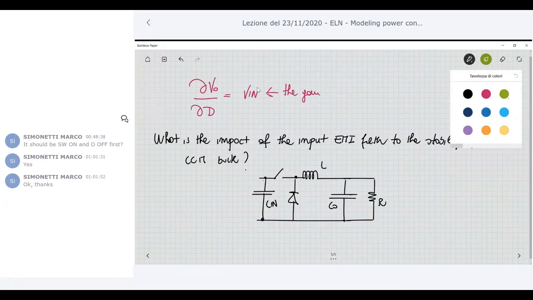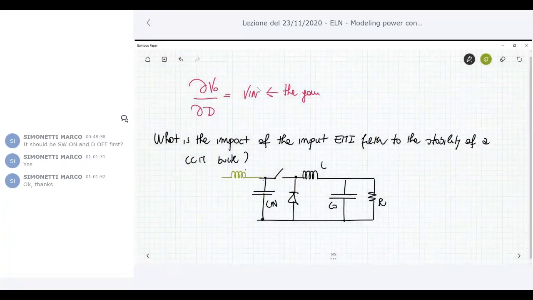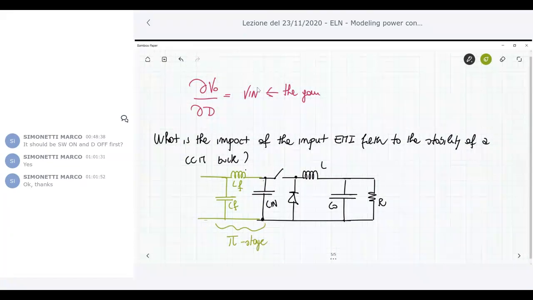You can have an L filter, then you can have another capacitance here, another C filter. They can have more of these stages of the filter, with more cells in cascade. They can also have a different architecture.